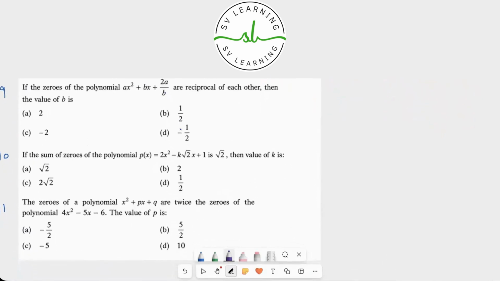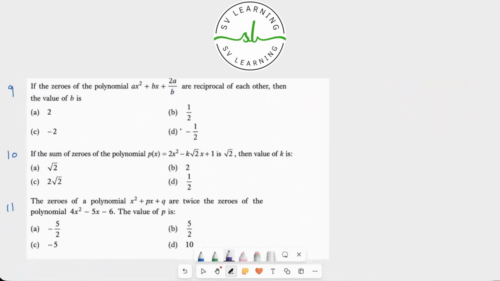Then moving on to the next one, always pause the video, do the question, and then look at the solution. ax square plus bx plus 2a by b is the given polynomial, and the zeros are reciprocal of each other. As you had seen in the one-shot recap that we had already discussed, whenever the zeros are given as reciprocal of each other, we simply take alpha beta as 1, the product of the roots as 1.